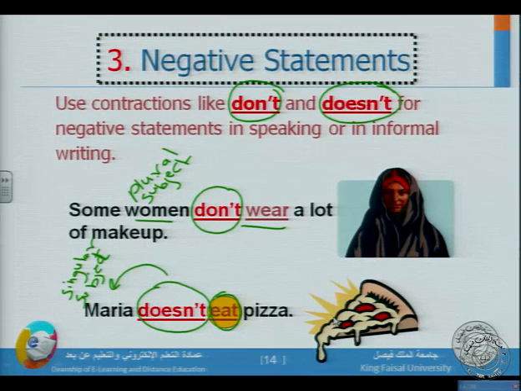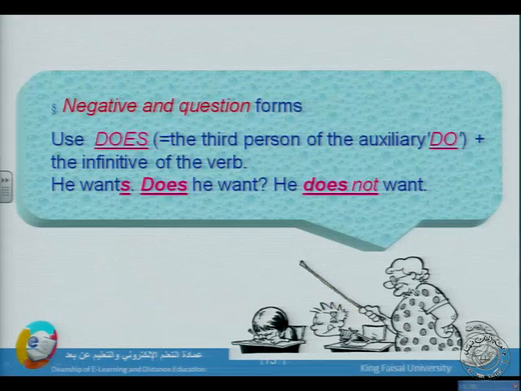Okay. So this is how you make a negative statement in English, specifically with the simple present. So these sentences are simple present but these are negative statements جمل سلبية نستخدم فيها don't و doesn't. don't مع الجمع و doesn't مع المفرد.